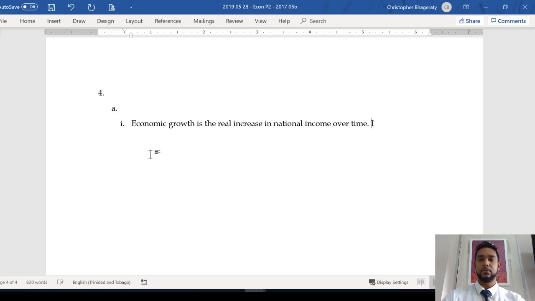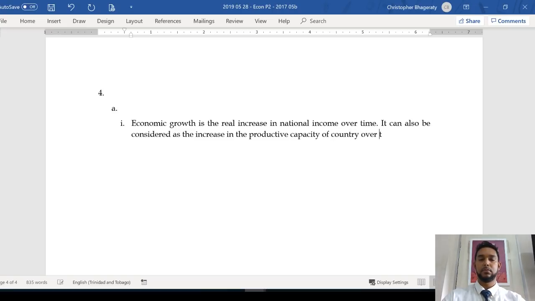It can also be considered as the increase in the productive capacity of a country over time. And that's the same as saying the overall increase in GDP.